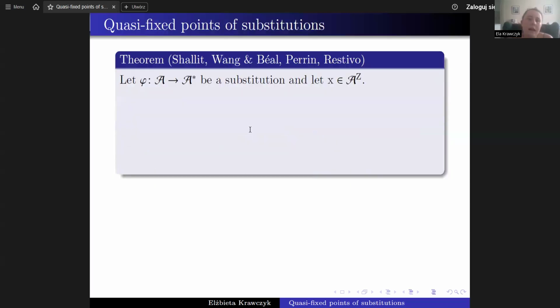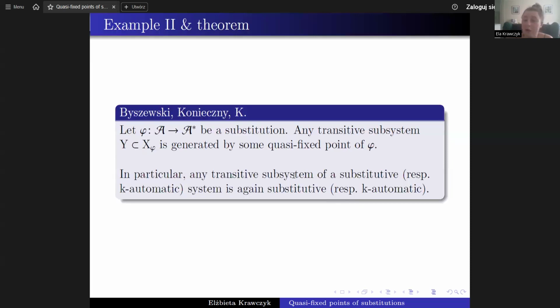Okay, so these quasi-fixed points appeared in a few different contexts. Another context where they appear dynamically is in the study of the so-called asymptotic pairs or asymptotic components in symbolic substitution systems.